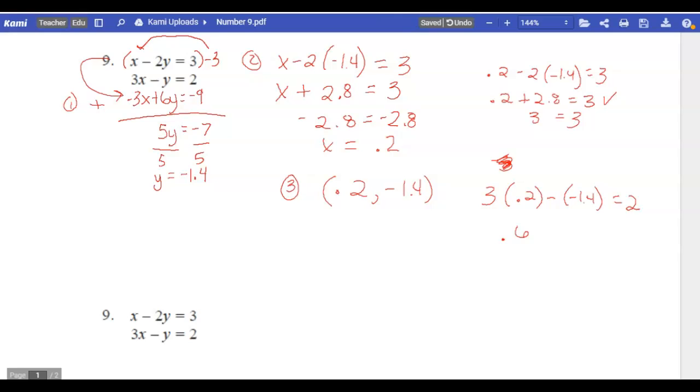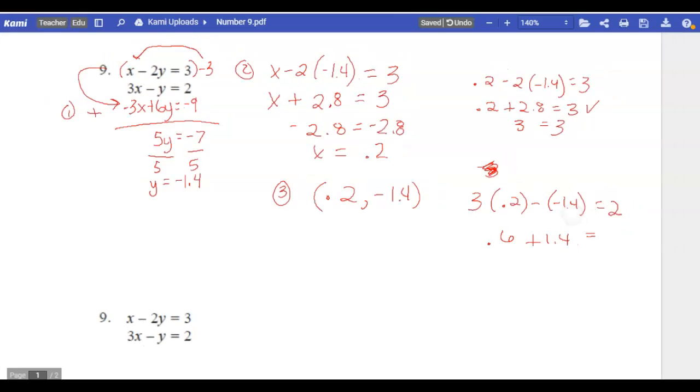And then these two negatives here become a positive 1.4. And it has to equal 2. Well, 1.4 and 0.6 does equal 2. So it checks. So despite the fact that we had a decimal, we have a good answer. So that's one way to do it.